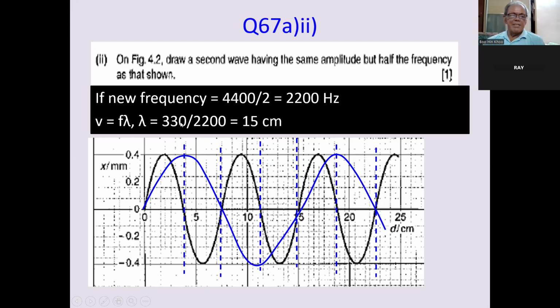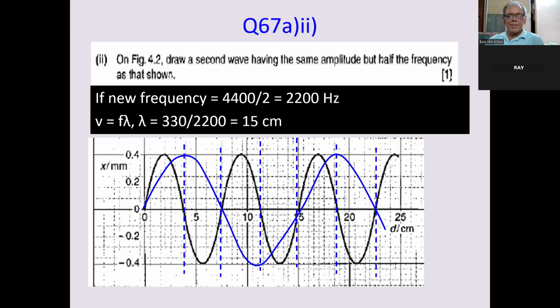That is the speed divided by frequency, which is 15 cm. So that's how you draw. Same amplitude, wavelength 15 cm.